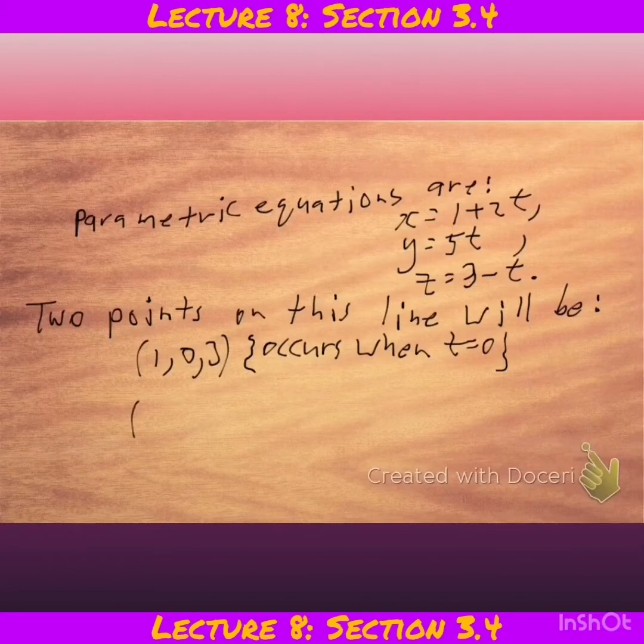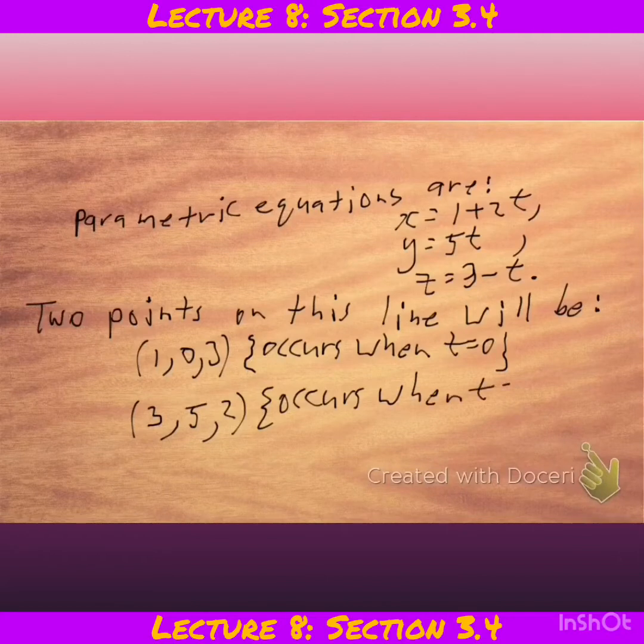And another point is, let's choose another one, let's make t 1, so that's going to be 3, 5, and 2. Okay, so that occurs when t is equal to 1. Okay, so it's not difficult to do.